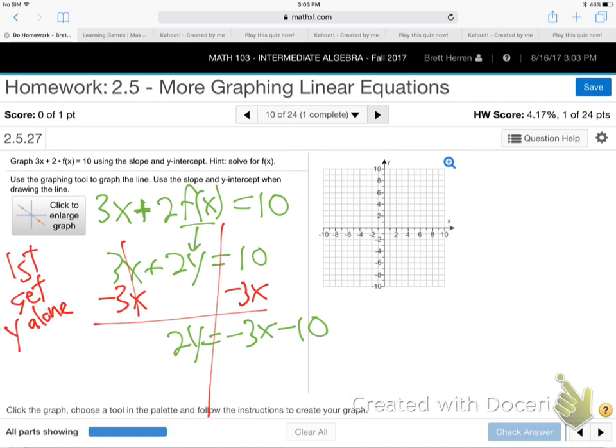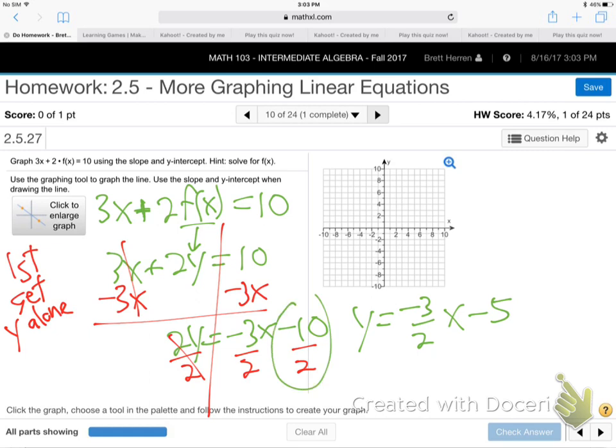Next step, divide by 2. And so, what is that? That's y equals minus 3 over 2 x plus 5, right? 10 over 2 made 5.